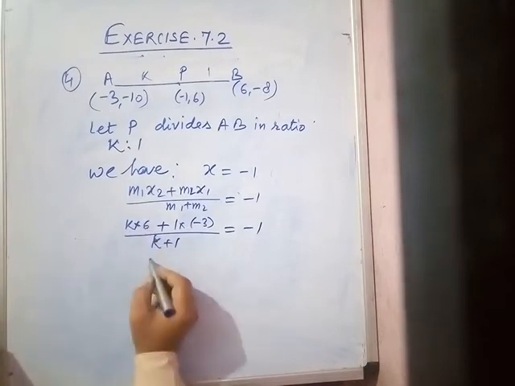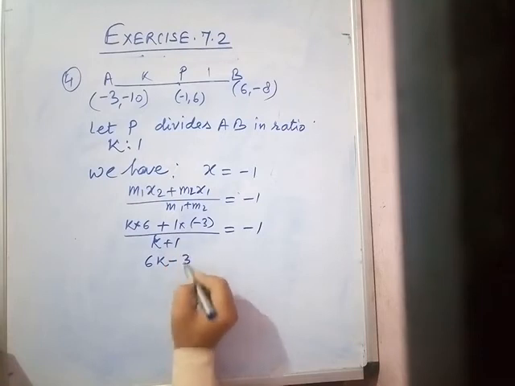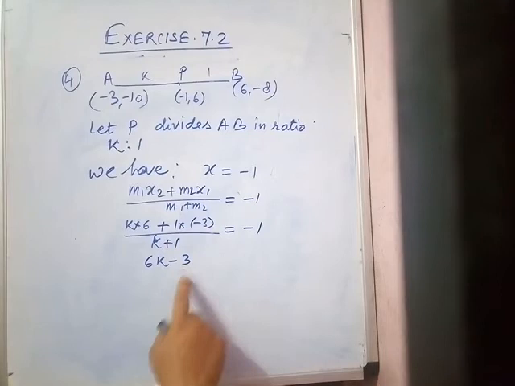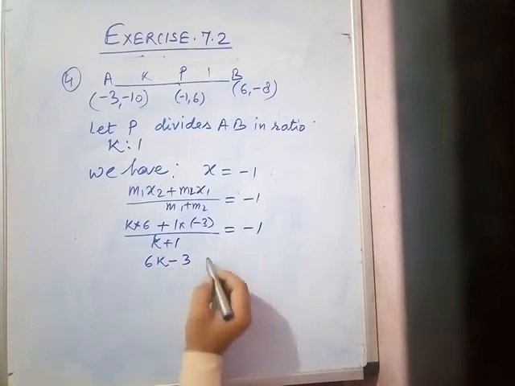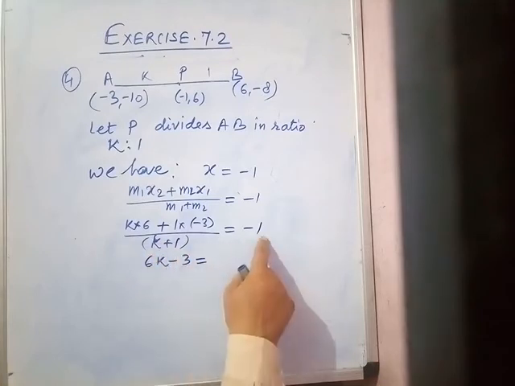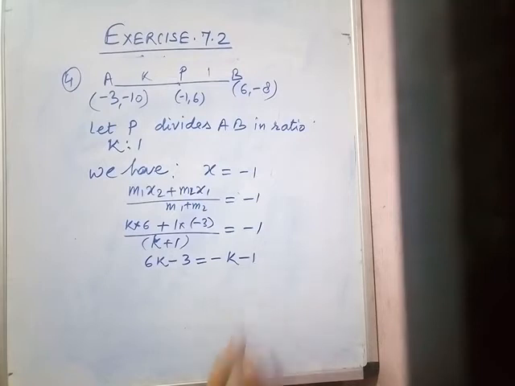So it becomes 6k minus 3, since 1 into minus 3 becomes minus 3, equal to, by cross multiplication with k plus 1 to minus 1, minus k minus 1.